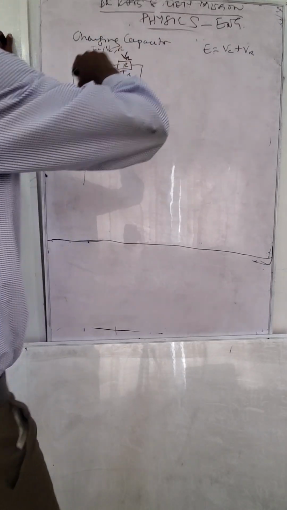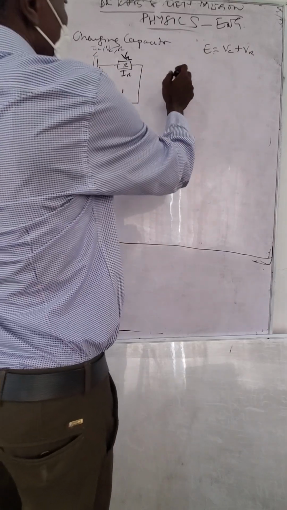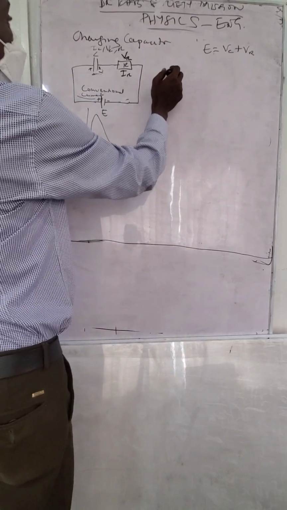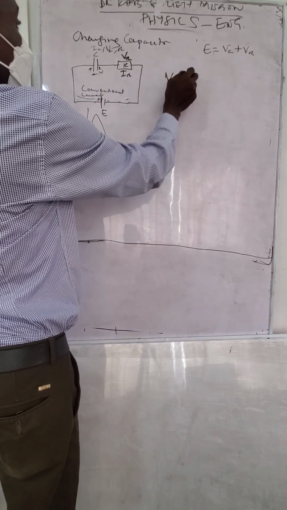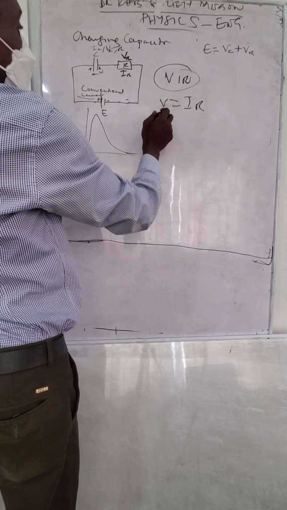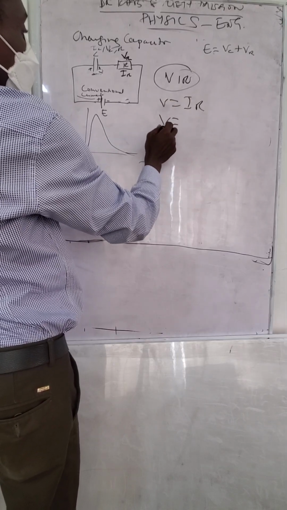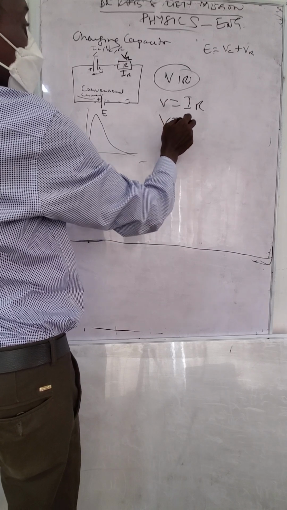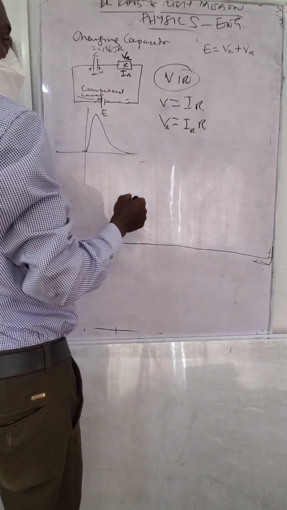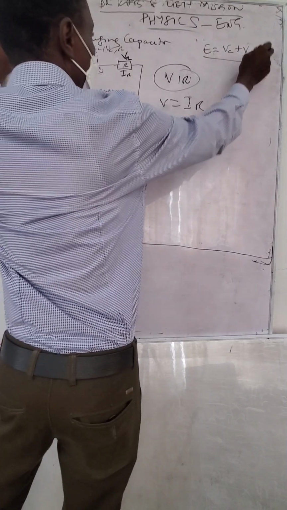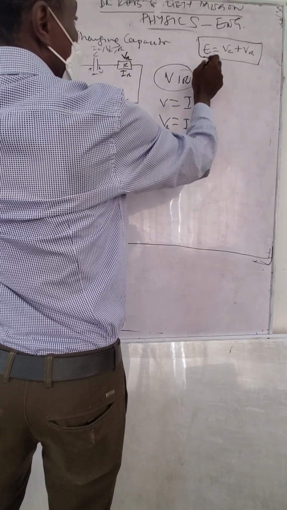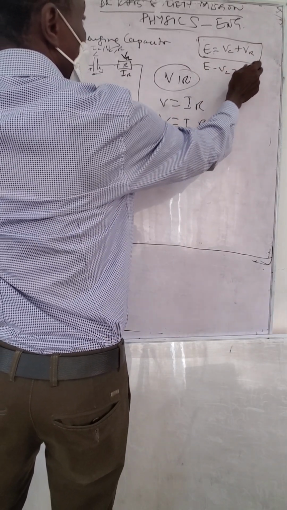Right, so let's look at it this way. In terms of the resistor, our same method here gives V is equal to IR. So V is the voltage of the resistor, I of the resistor, then we have R. But from this equation, the EMF, VR will become E minus VC.